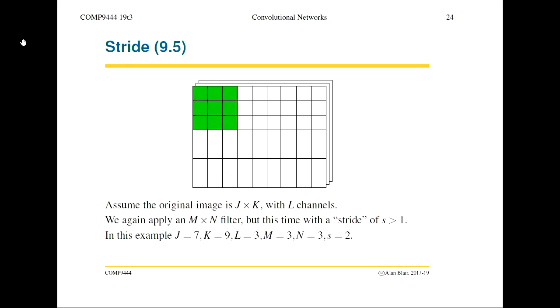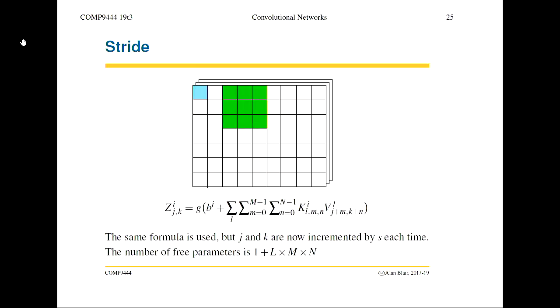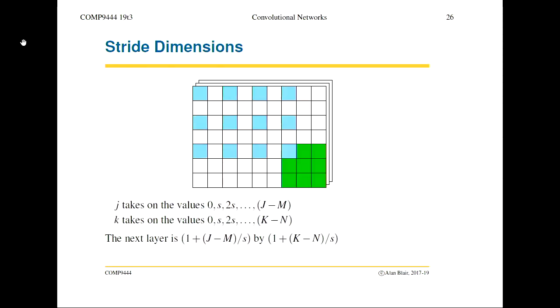So we calculate 1 blue pixel, and then we shift it across here to calculate the next blue pixel. This is called having a stride of 2. Then the next layer would only have 12 neurons instead of whatever it had before.